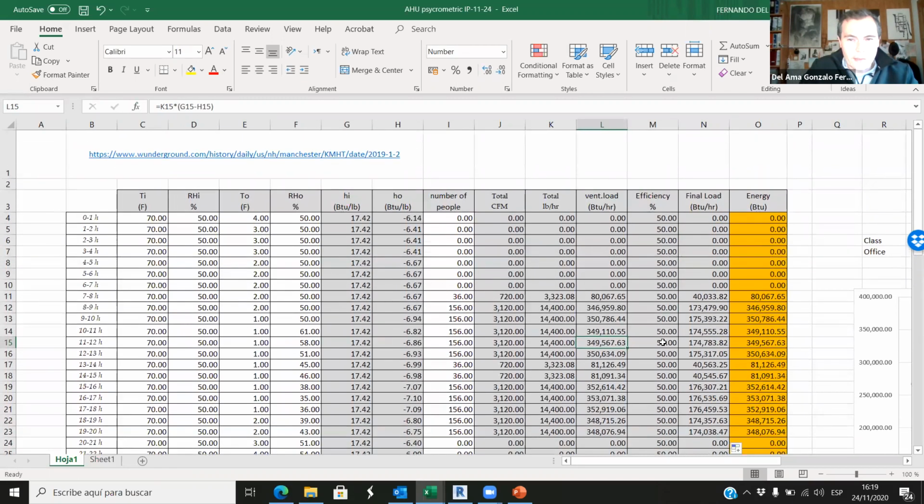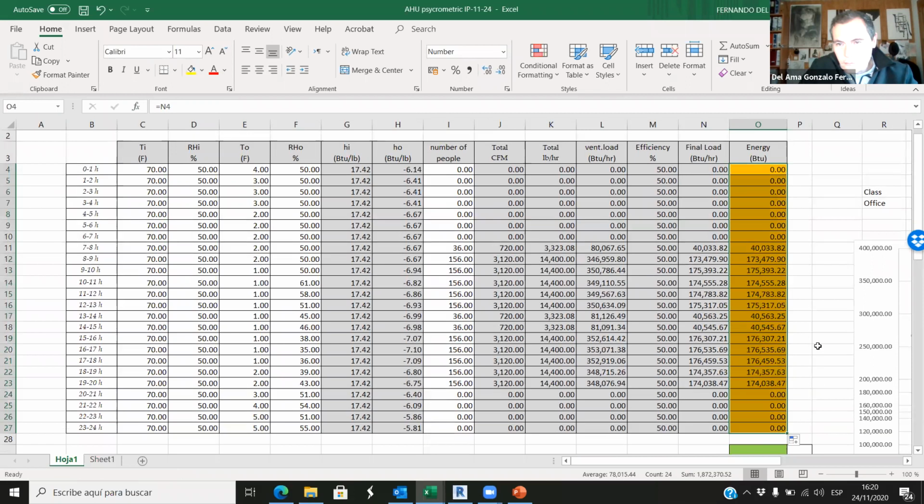If we have a 50% efficiency, that means that we are spending half the energy that we have here. And now this energy is connected to this column, but we have to connect this energy to the final load. So we have to drag this here. Okay, we click OK, and now we drag it, and there you go.